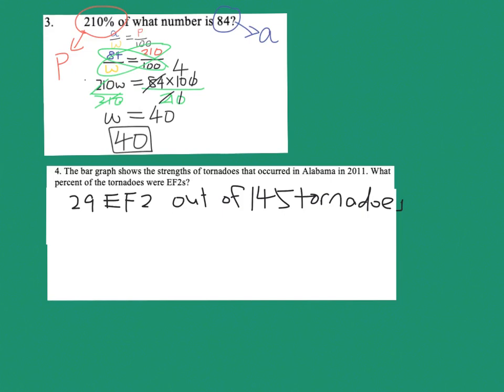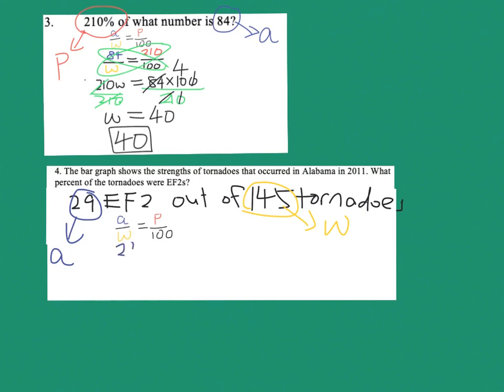So our first step is to write the percent proportion. The question is asking for percent, so we're solving for P in this example, and 29 will be your part, your A, and your whole will be 145, your W. So substitute these values into your equation.